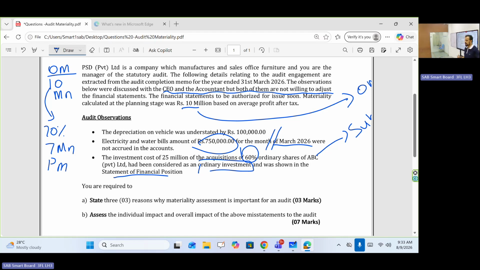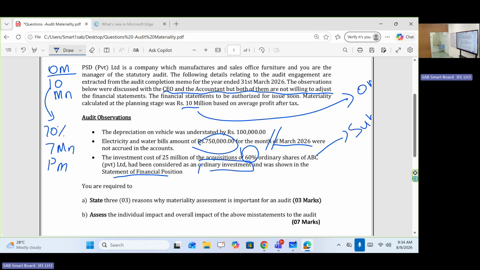Why is materiality important? I have not given an answer for this in the queue, but you can get the answers from the queue then and there. Planning can be discussed. Why is planning important? Materiality is part of planning, so those answers you can also use here.